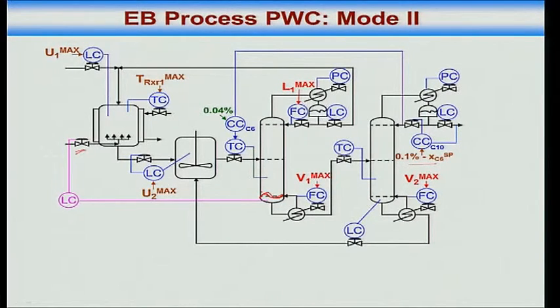So, if I do something here, by the time it has an effect on the level, the tank may change. If we change the ethylene input stream, then we should change the benzene input stream also. The level controller will take care of that. That's what I am trying to show. If I do it this way, this is the control structure that comes.